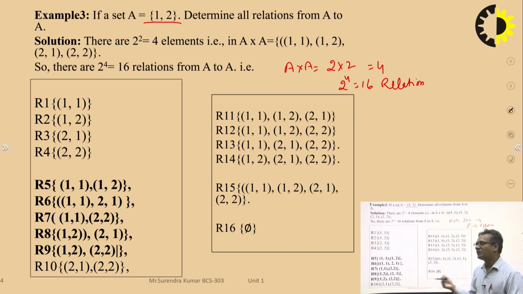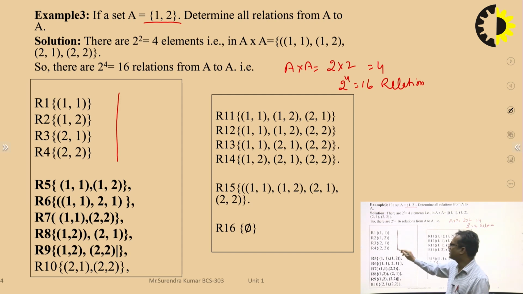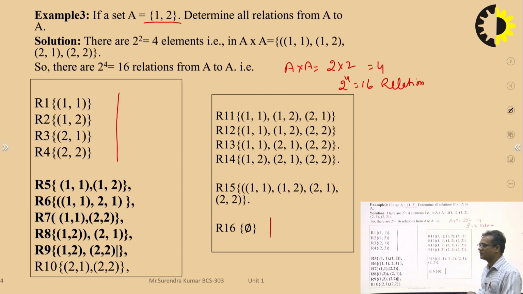Let's start one by one. What different kinds of relations can be created with the set A to A? A relation can have a single element or no element. So we have these 4 relations containing single elements, and this R16 has no element, that is the empty set or phi.